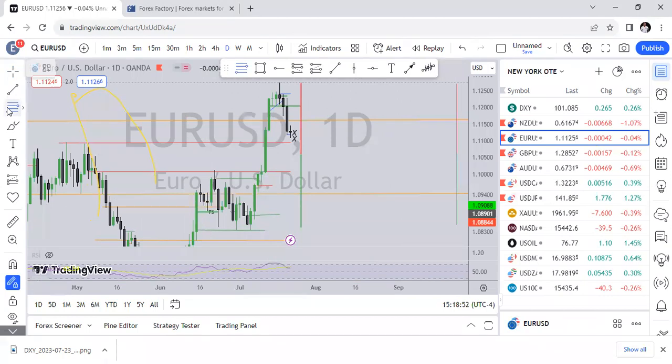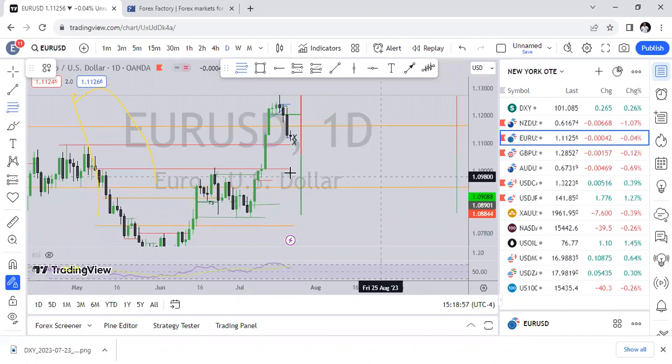Not only that, because I did my top-down analysis from the monthly. I did my top-down analysis from the monthly, so I started developing some trading ideas. When I came to the daily, I saw that in this area, the market was very choppy.